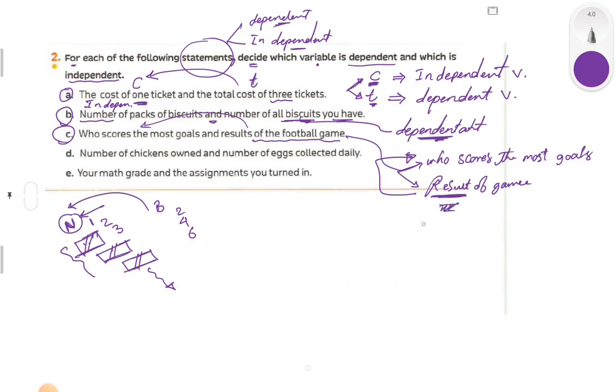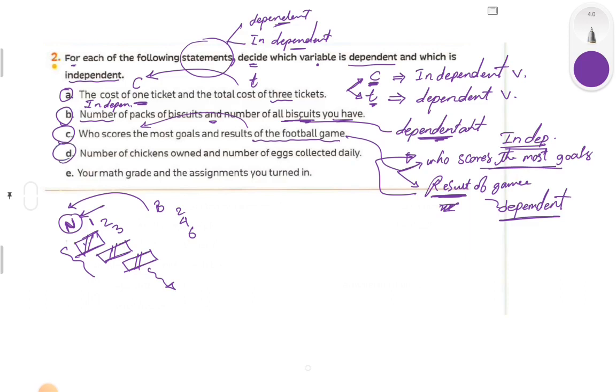Result of the game is dependent, because it depends on who scored the most goals. So who scored the most goals is the first variable, so it's independent, and the dependent depends on this independent variable.